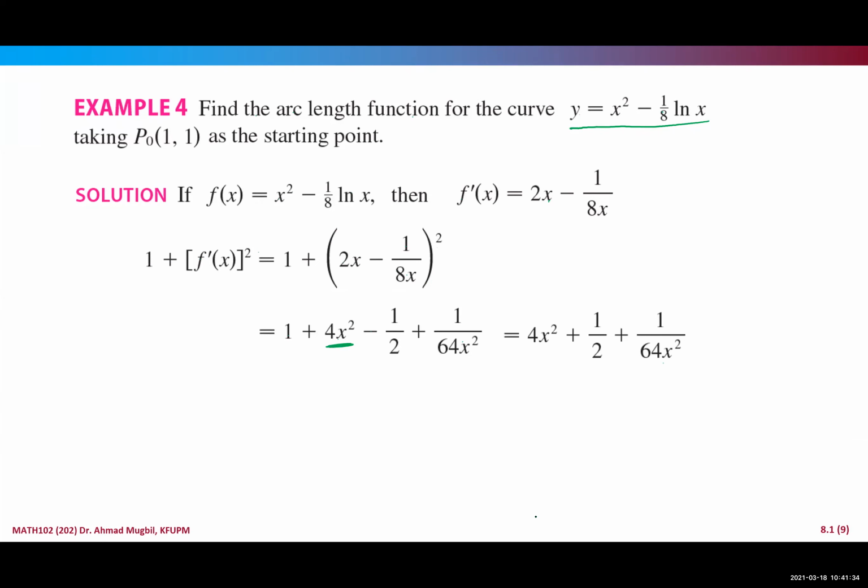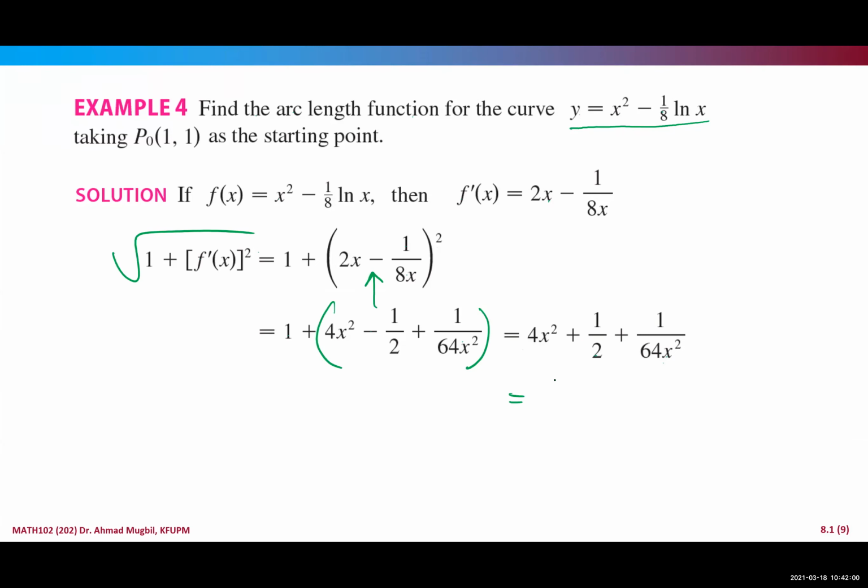Now, what we will do next, we will take the square root. So what will be the square root of this? It will not be easy for you to integrate if you have a radical of this type. But what I want you to notice here is that this was written like this as a perfect square. So what is this until this? This is equal to the same with the positive sign.